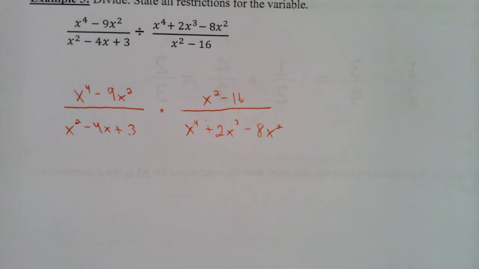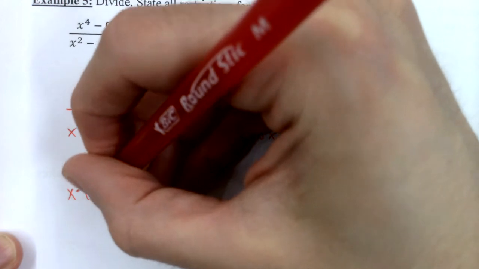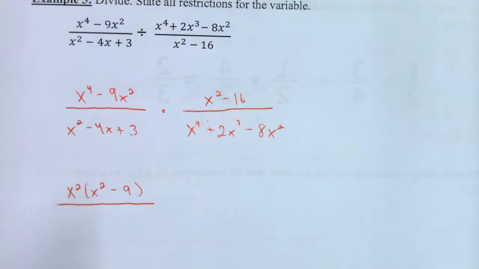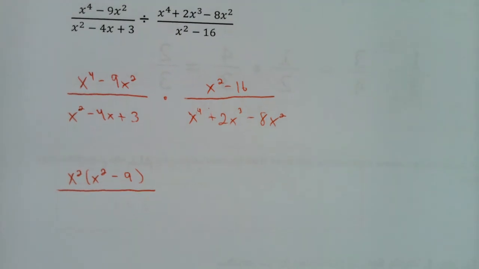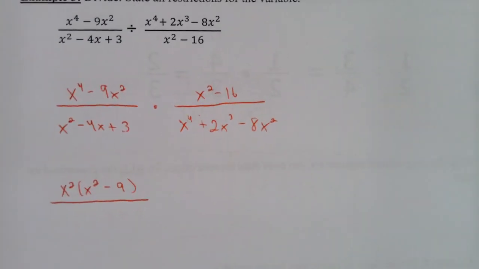Okay, so factoring the top left, that has a GCF of x squared. It leaves you with x squared minus 9. We're going to have to factor that more in a minute. The bottom left, what two numbers multiply to 3 and add to negative 4? x minus 3 times x minus 1.